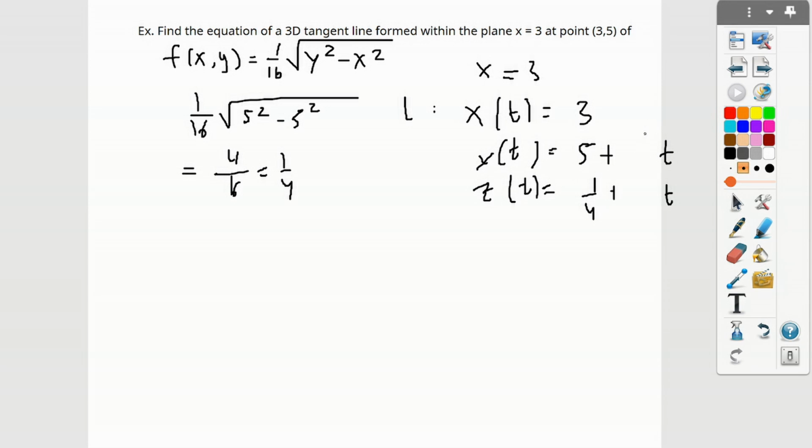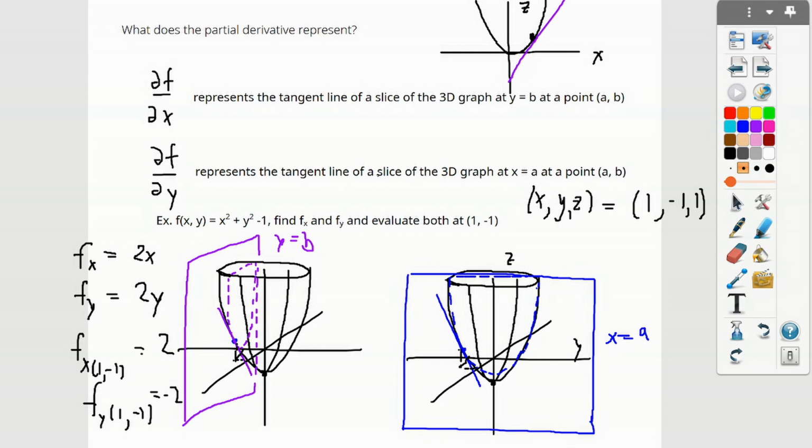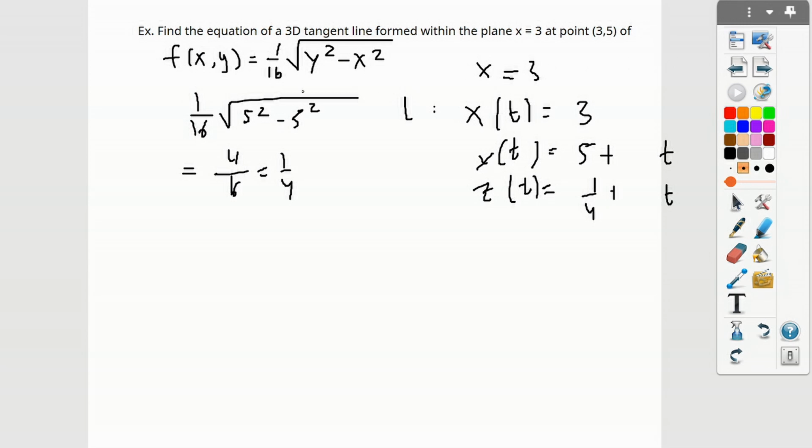Now what we need to realize is what is going to go in these two slots. So what is the derivative? The derivative is the rate of change. It's the slope of that 3D graph at the plane x equals 3 in this case. So what we have to find is f sub y.